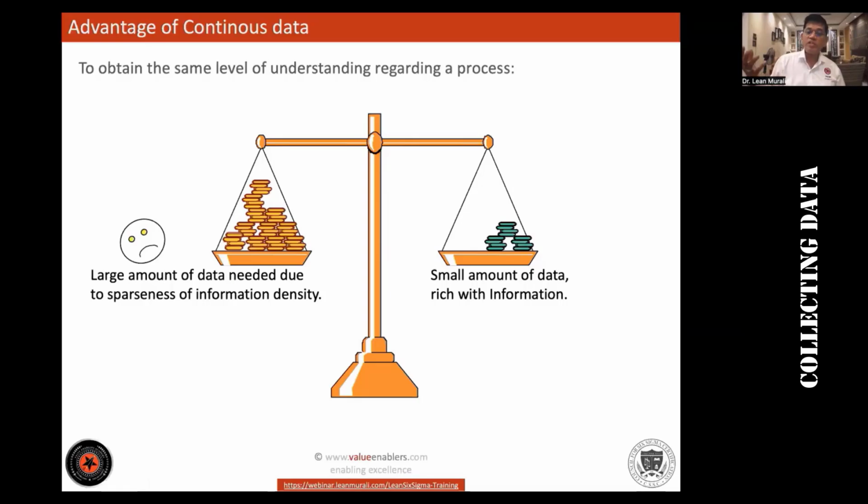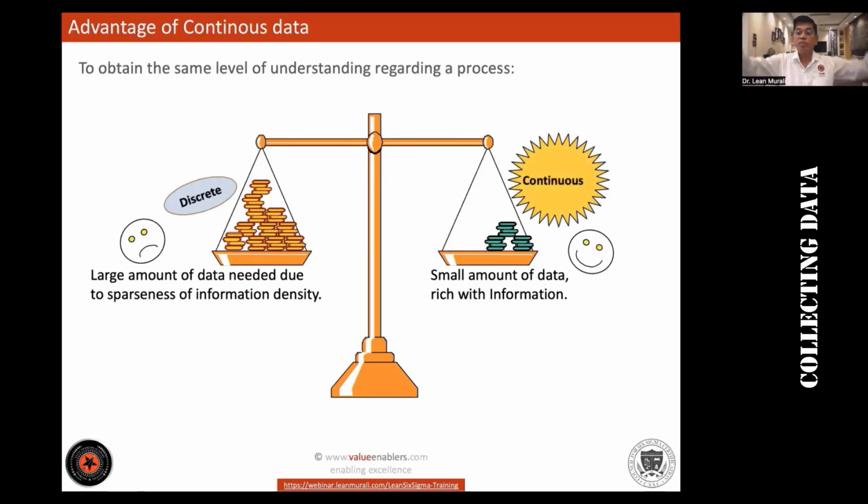Because even though it is a small amount of data, it is rich with information. But even if it is a large amount of data, it doesn't give much information. To get the same information, we need more data. Whereas here, to get the same information, you need only less data. And that is the difference between discrete and continuous data.